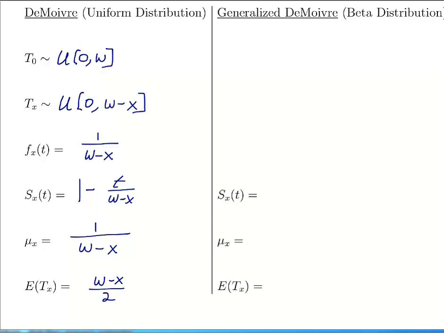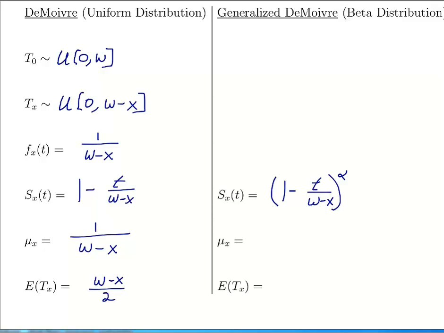So for the generalized DeMoivre, you can just remember that the survival function now is going to be almost the same, except that we're going to raise it to some power alpha. So if alpha is 1, we get our uniform.